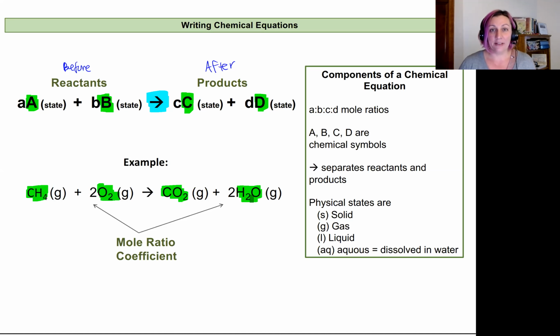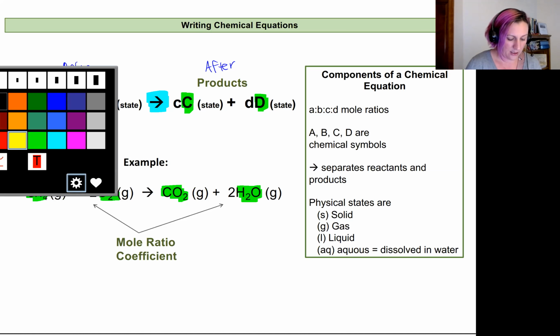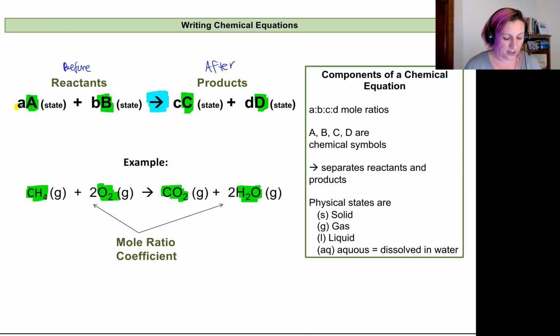Then we would have in front of it a mole ratio that tells us how much of that compound reacts with how much of another compound to produce how much of another one. And this is going to be a simple whole number ratio that is indicated by the number in front of the chemical formula. So here it's the lowercase a, b, c, and d if we're thinking about this in a generic variable format.